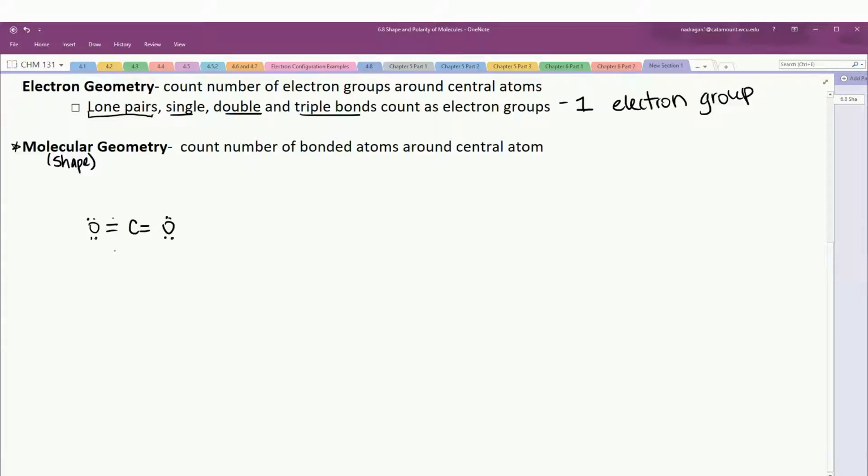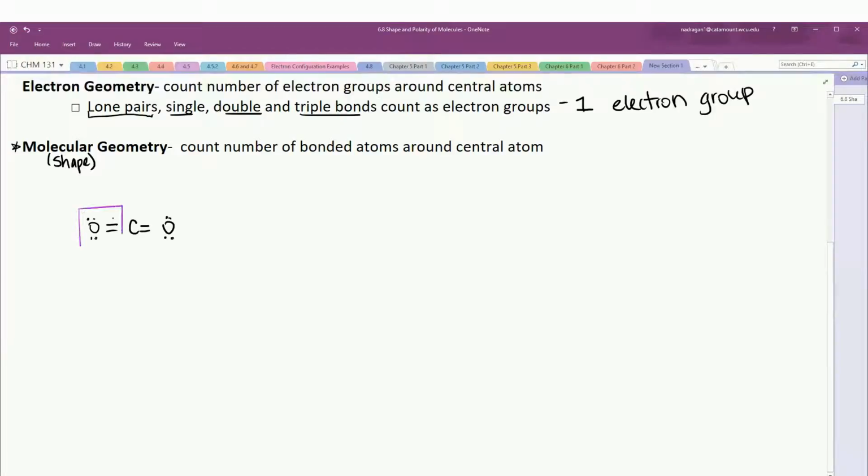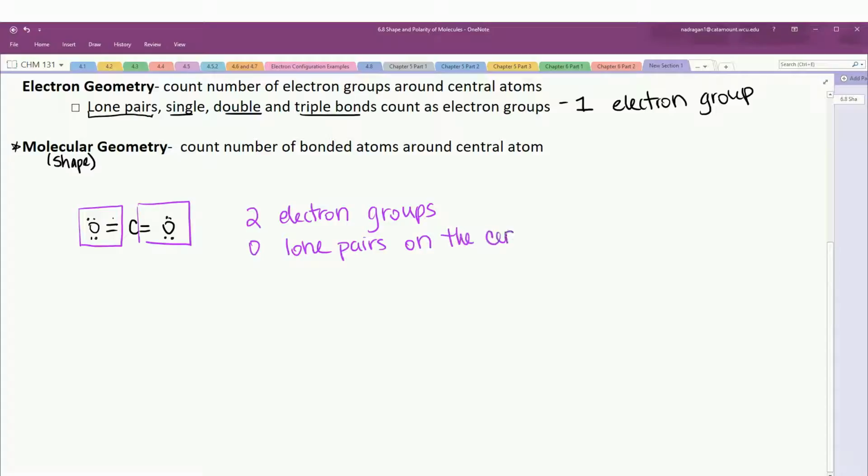So, in this example, we have 2 electron groups, and we have 0 lone pairs on the central atom. So 2 electron groups, which is also 2 bonded atoms.